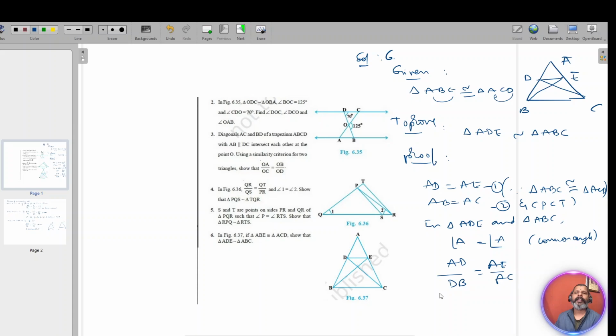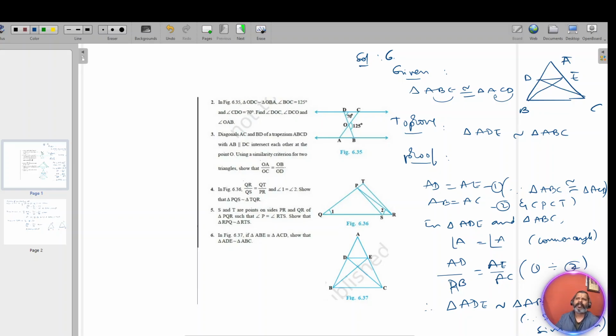So the two sides are derived as equal sides from CPCT. This is 1 divided by 2. Therefore, done. ADE similar to ABC. It should come with the big triangle ABC sides in the denominator. Therefore, by SAS similarity.